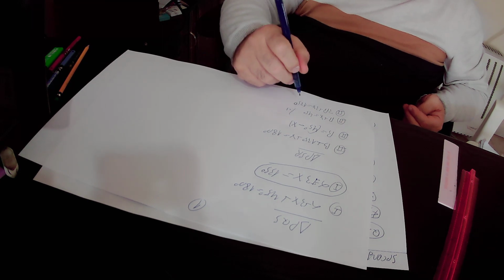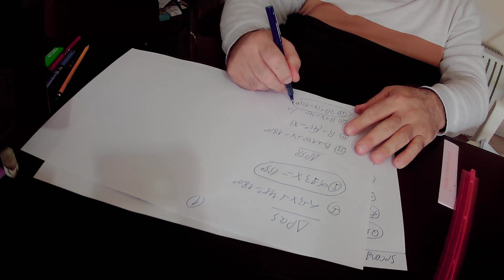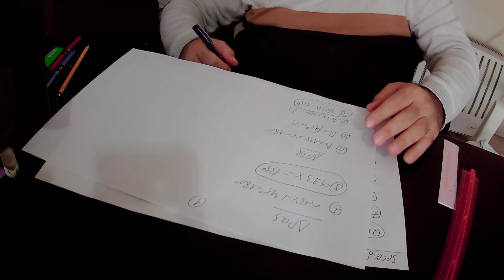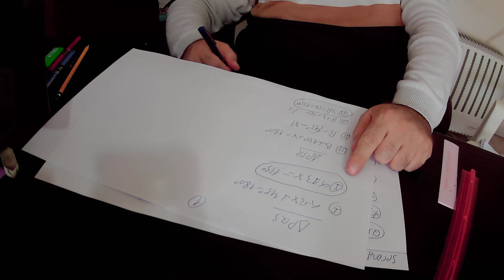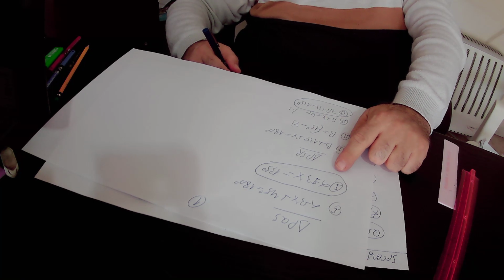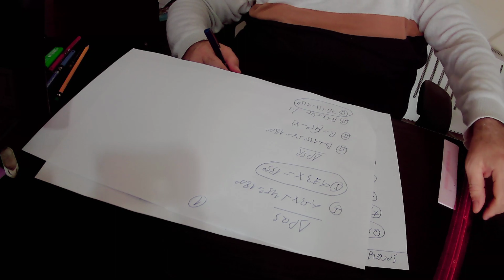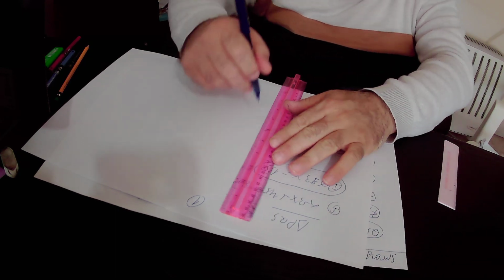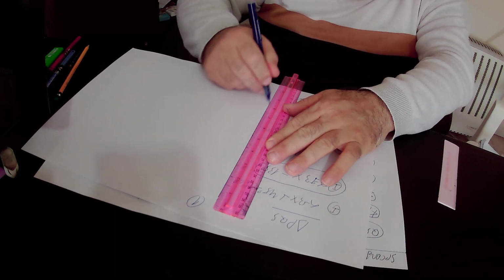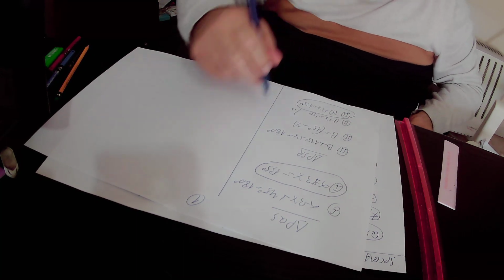Here we have equation number 2 that states that 3 beta plus 3x equals 135 degrees, and we have equation number 1 that states that alpha plus 3x equals 135 degrees. So we can write down equation number 3 that states that equation number 1 equals equation number 2.